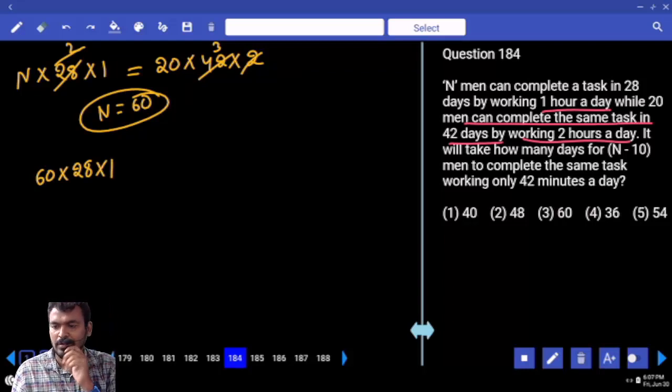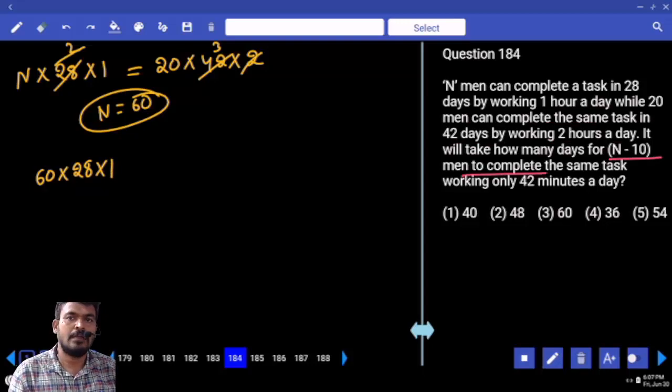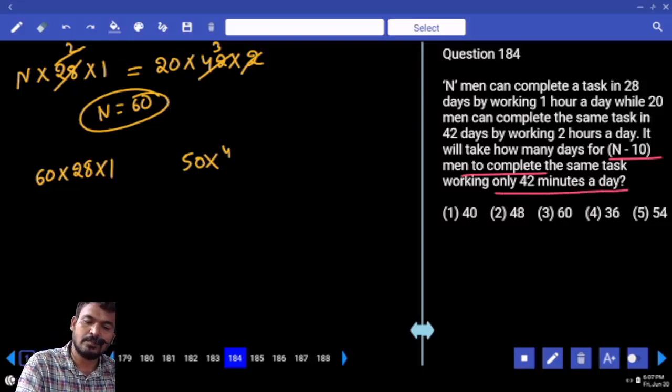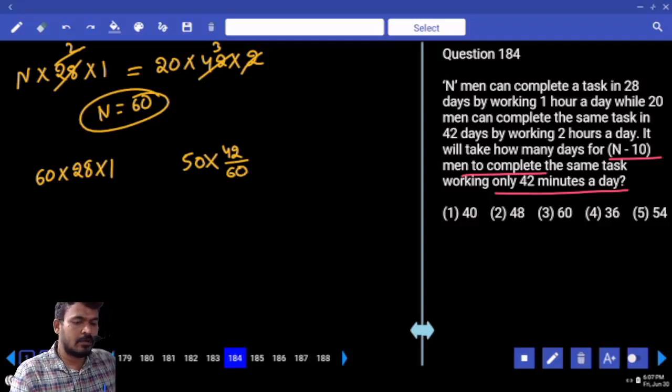Again, the same total work is completed by n minus 10 men. Out of 60, subtracting 10 leaves 50. Those 50 men work how many minutes per day? 42 minutes. 42 minutes means we write 42 by 60, because the left hand side is in hours and the right hand side is in minutes, so we convert to hours.